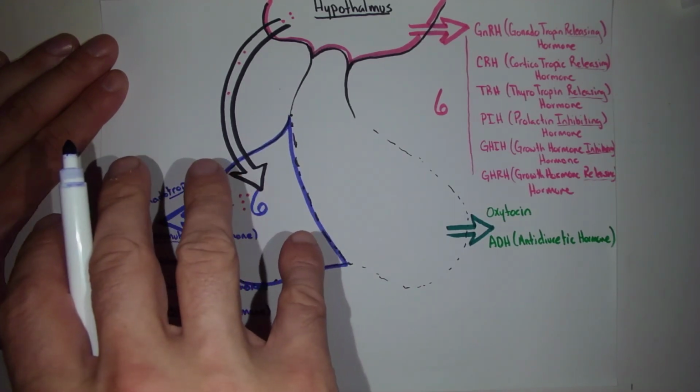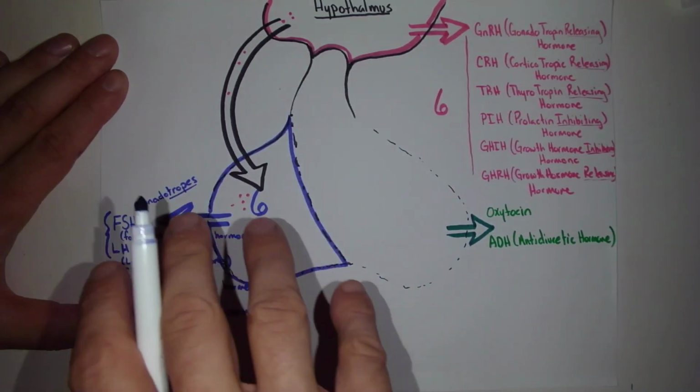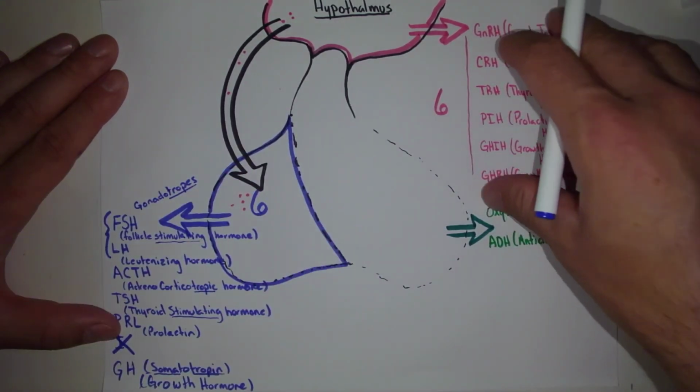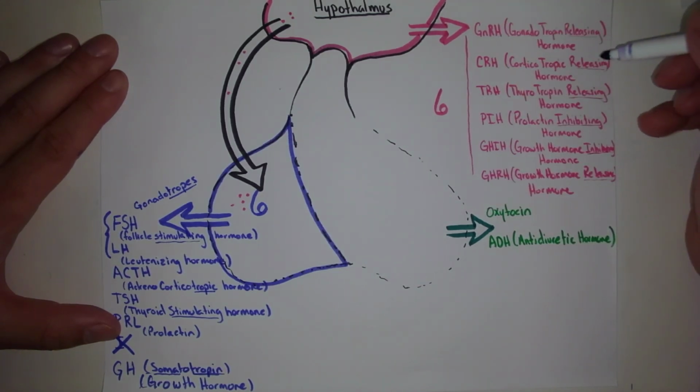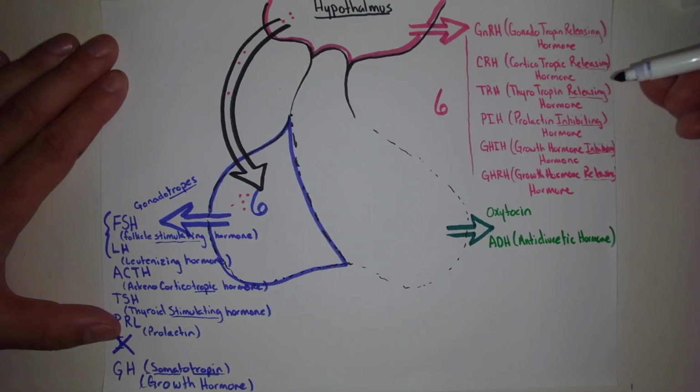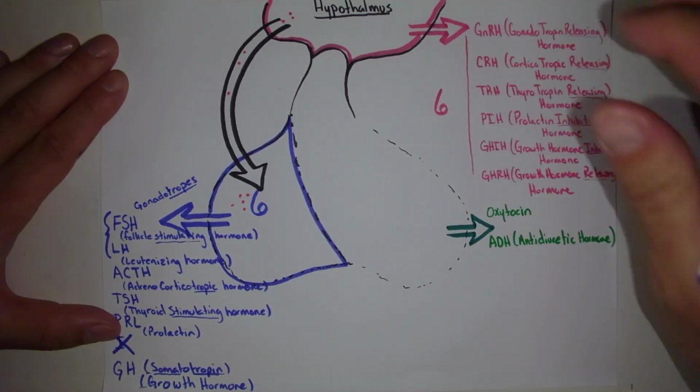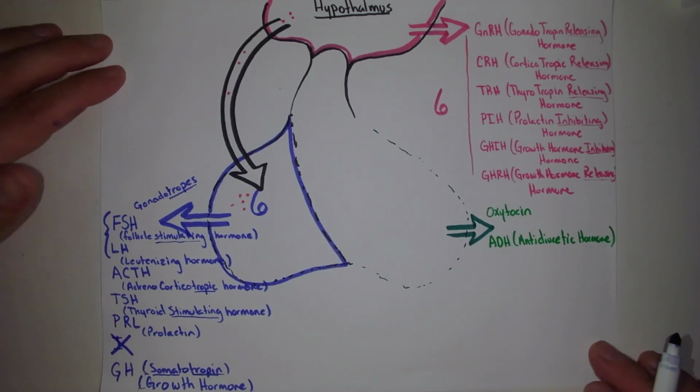But these ones will have also releasing and inhibiting. So if it has tropic in presence of releasing or inhibiting, you know that it's from the hypothalamus.